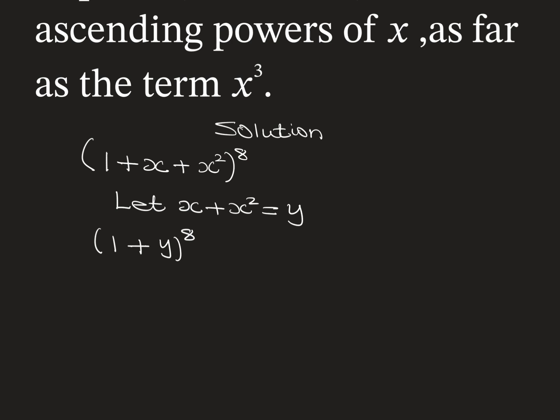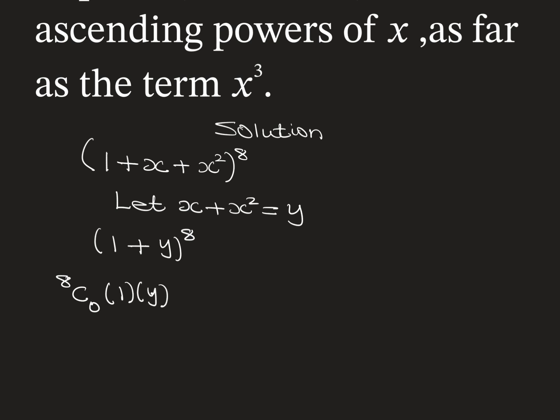So if we want to solve this problem, we can use the combination method. The maximum power that we have is 8, so we'll say 8 combination 0. Then we bring in the binomials, which are 1 and y.